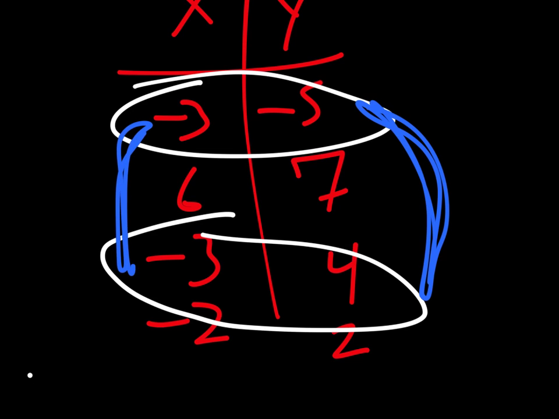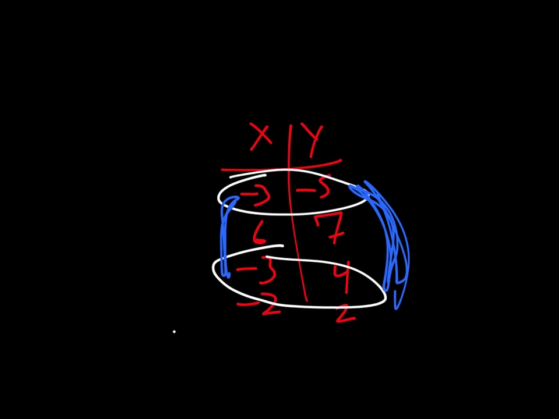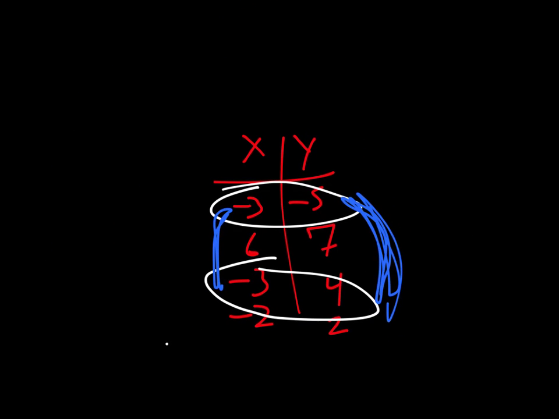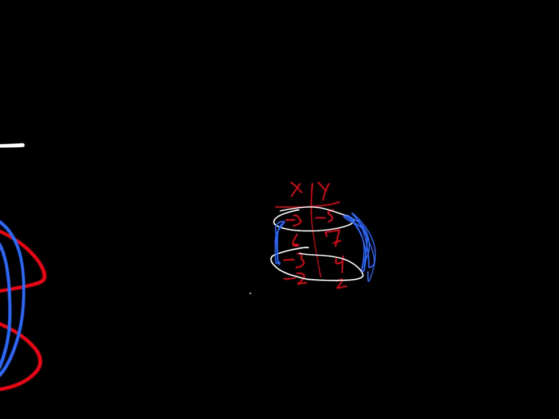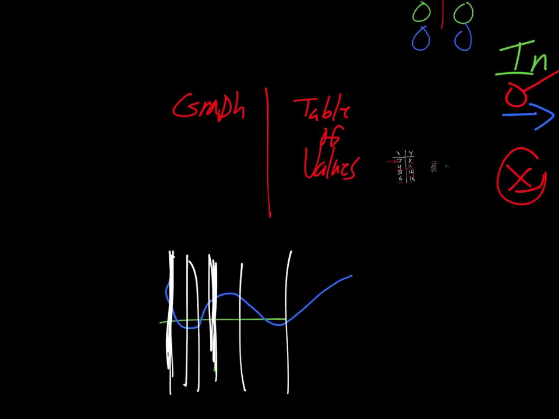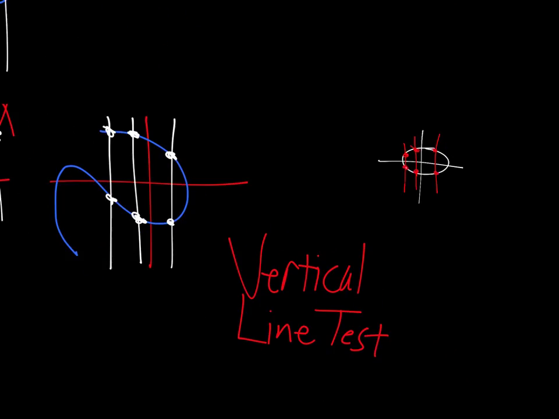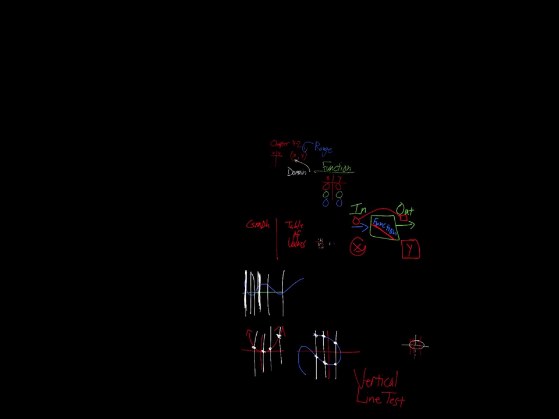If the x's are the same, the y's have to be the same as well. You can't have one x giving you one y and the same x giving you a different y. Okay, that should be quite clear. So to test a certain given amount of points, you can either use this method, or you can use the vertical line test, which we learned over here, okay? Cool.